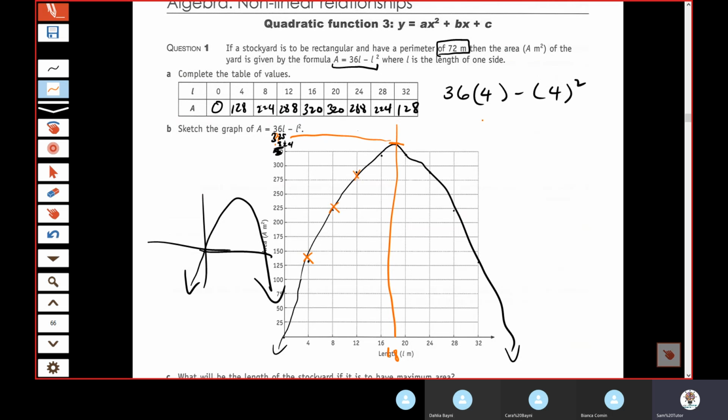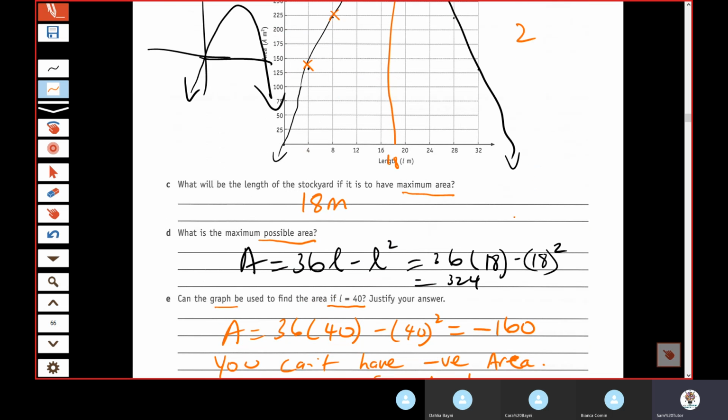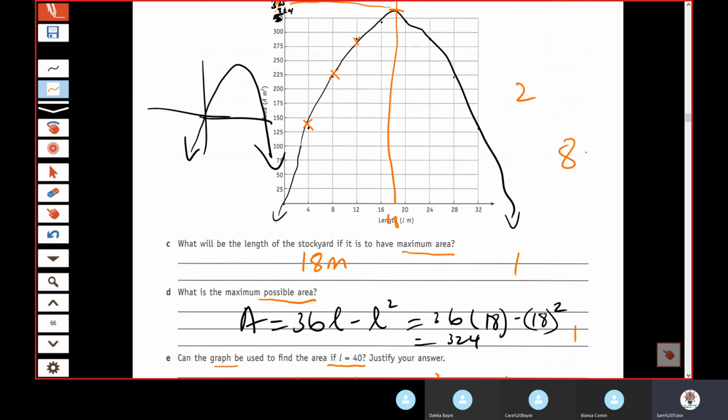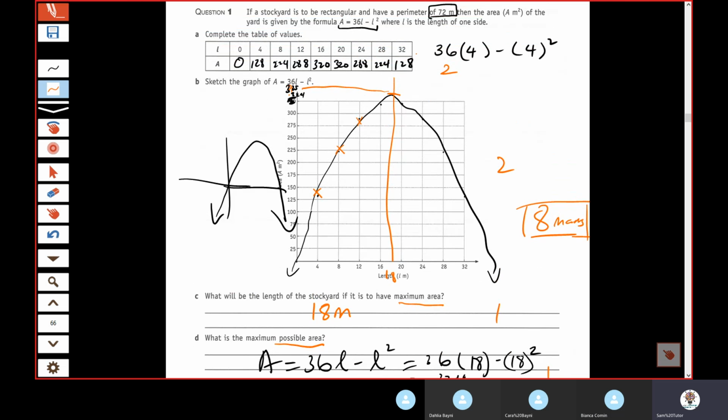How many marks will be in your exam? This will be worth 2. This is usually worth 2. This is worth 1, 1, and 2. So 4, 5, 6, 8 marks. That's decent for that question. But the problem is if you stuffed up here, it's not that everything else is wrong.